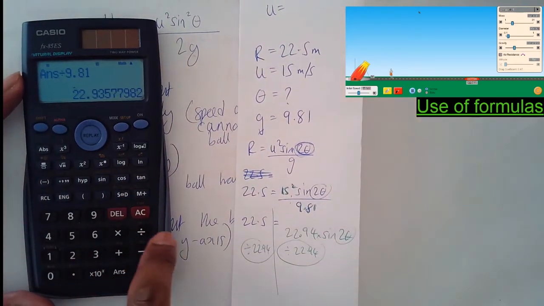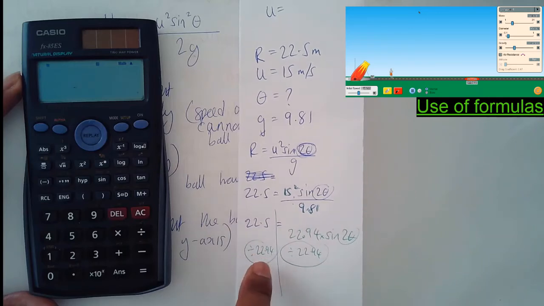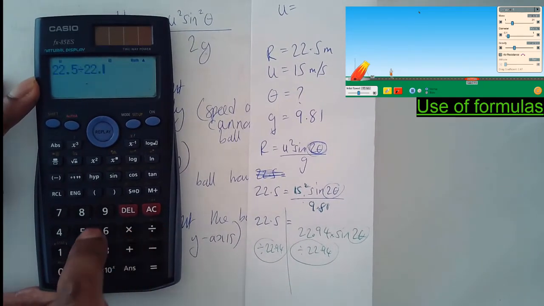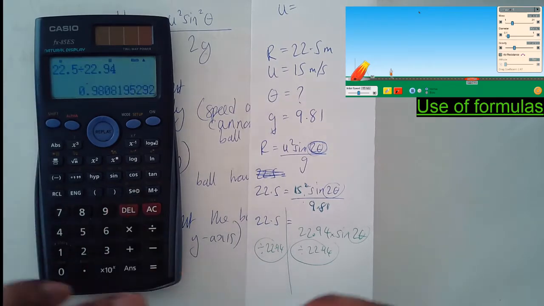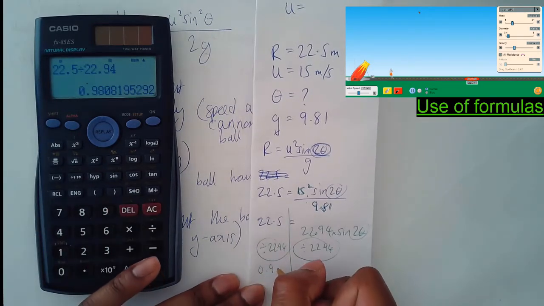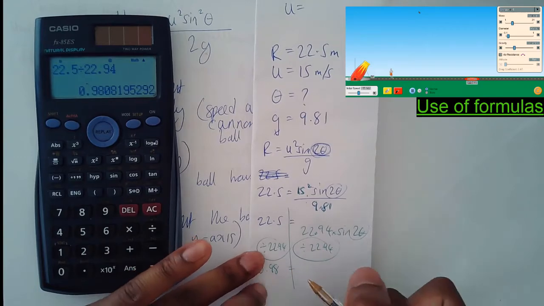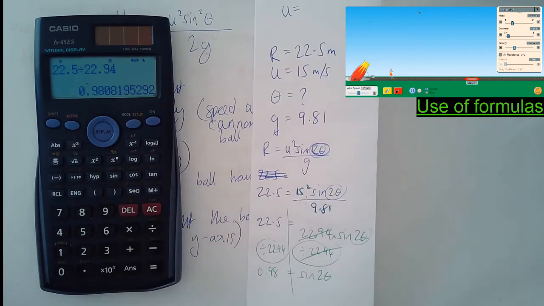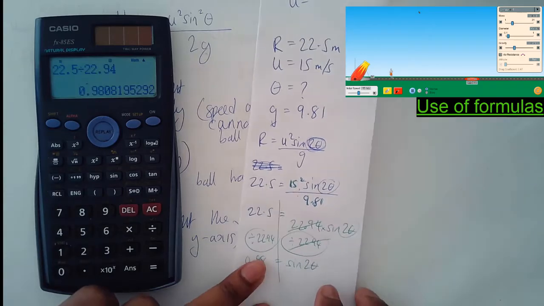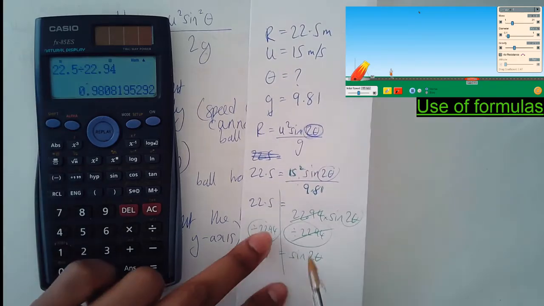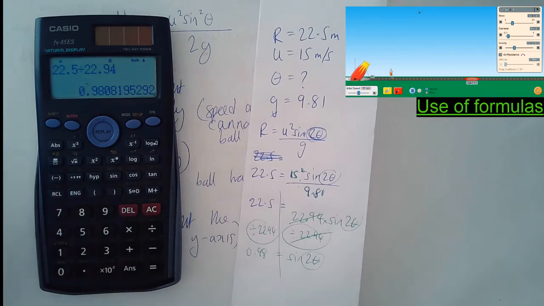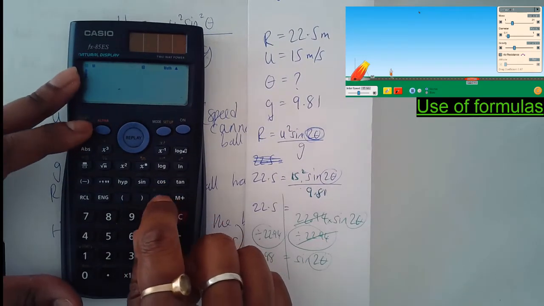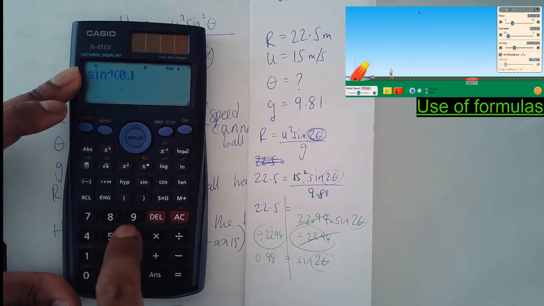See what happens now. 22.5 divided by that number there: 0.98. These cancel. You're left with sine 2 theta. From trigonometry, you'll know to get this out, you need to do shift sin 0.98.